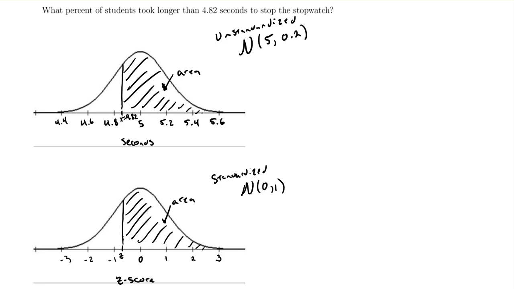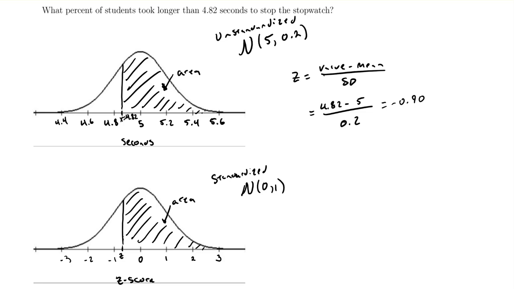Again, apply your z-score formula: value minus mean over standard deviation. So 4.82 minus 5 over 0.2, the standard deviation, gives a z-score of negative 0.9. That means the value of 4.82 seconds is 0.9 standard deviations below the mean of 5. You want to know how to interpret those values.